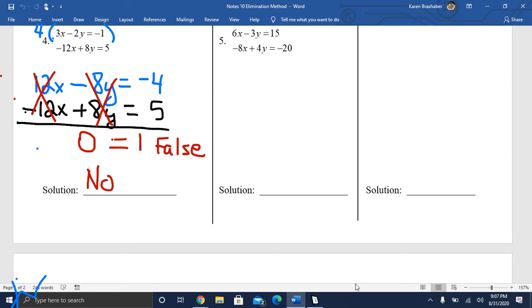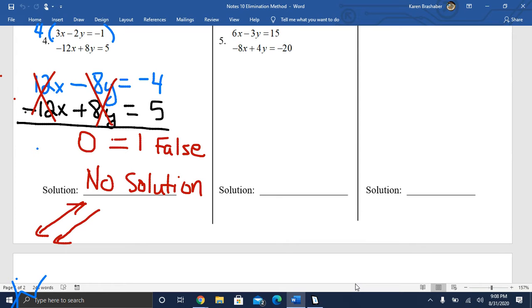you have no solution. And remember that when we graphed our systems of equations, it turned out that sometimes our lines were parallel. And so if you get parallel lines, those never intersect. And that's exactly what's going on here.